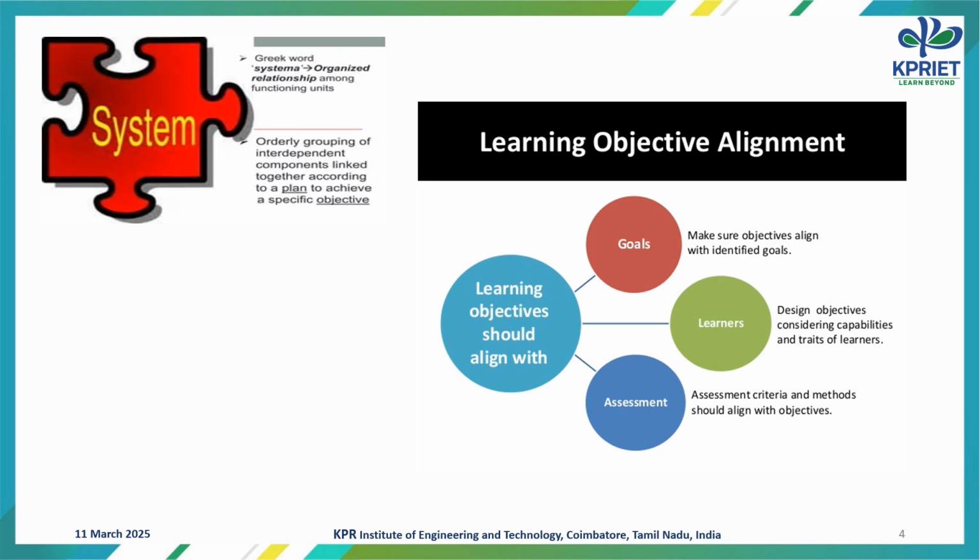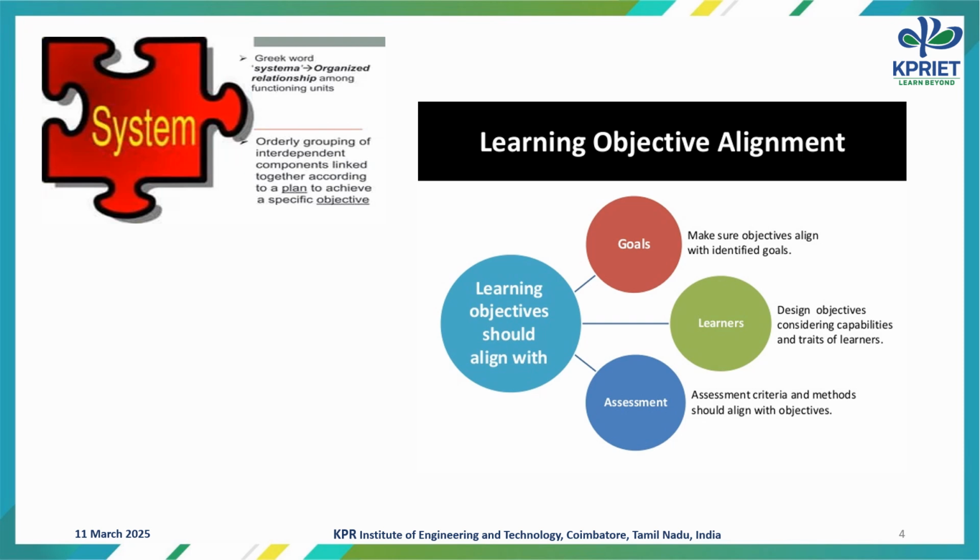So, the next key term is learning objective alignment. We all know that if you are studying any course, that is a subject. For example, now you are studying object-oriented software engineering, right? For every subject, we have course objectives and course outcomes. So our object-oriented software engineering also has some course objectives and course outcomes. What is a course objective?